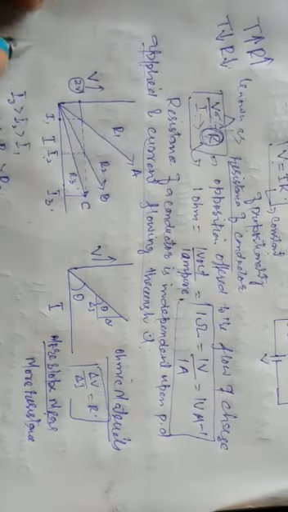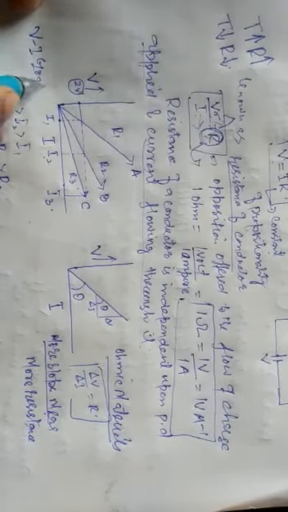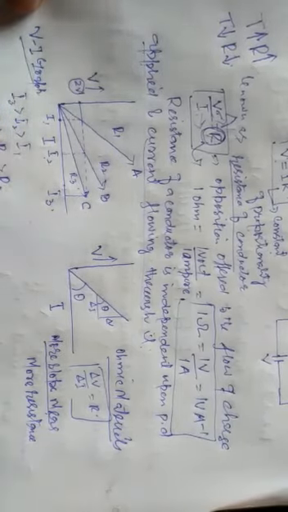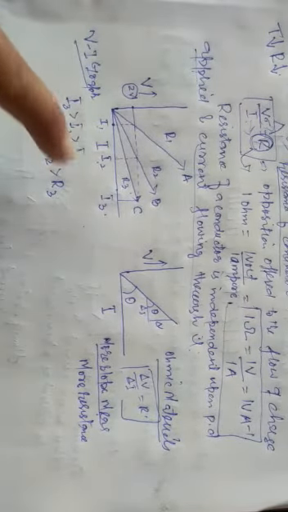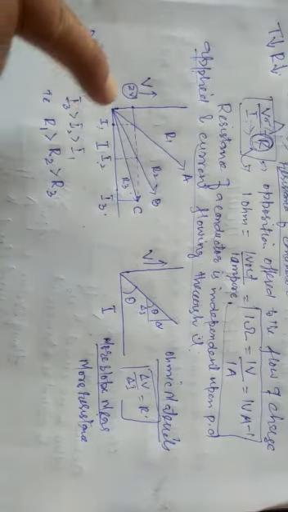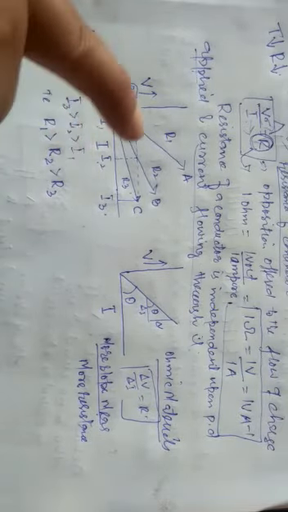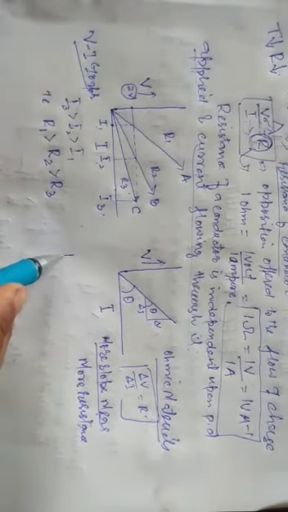From the VI graph we can conclude that the line for which we are having more slope definitely is having more and more resistance. If the line makes more angle with the horizontal, it is having more and more slope.